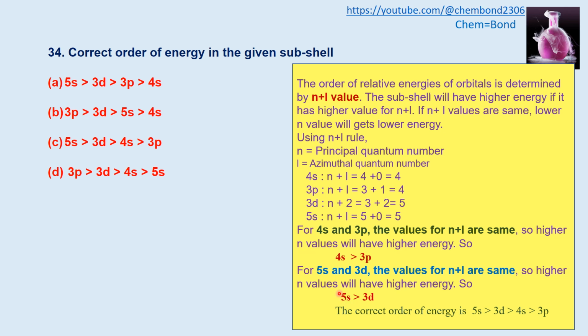The higher n value has higher energy, so 4s has higher energy than 3p. For 3d and 5s, both have n plus l equal to 5, and principal quantum number 5 has higher energy than 3d. So the correct order is 5s, higher than 3d, followed by 4s, followed by 3p. The correct option is C.